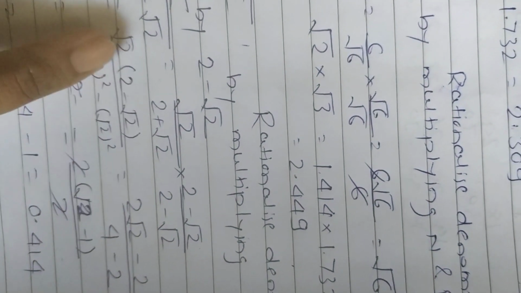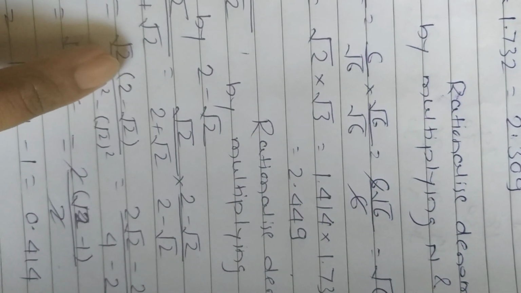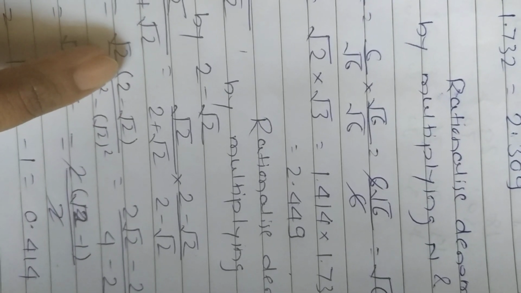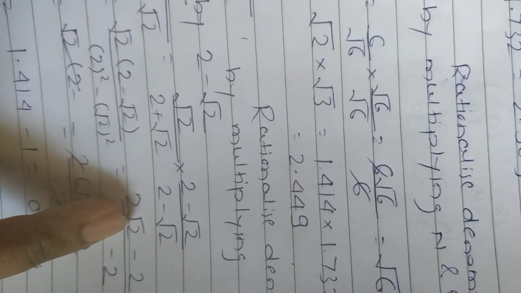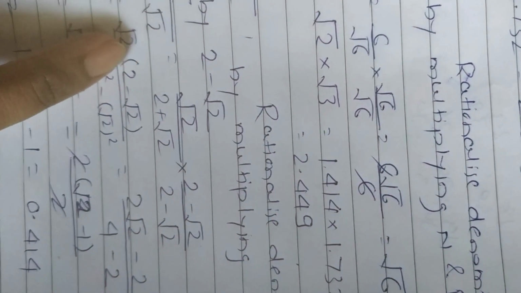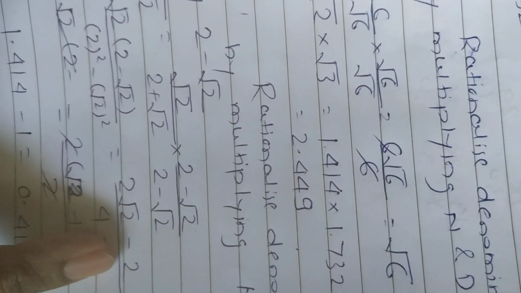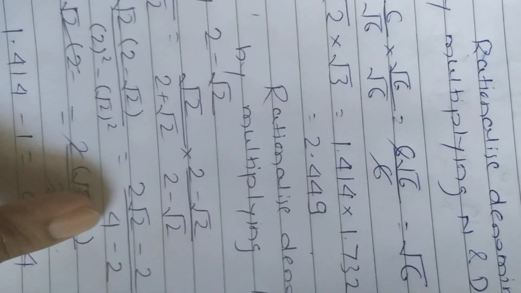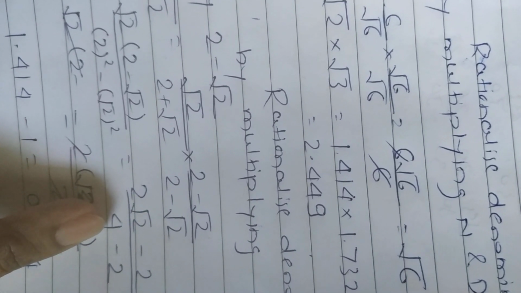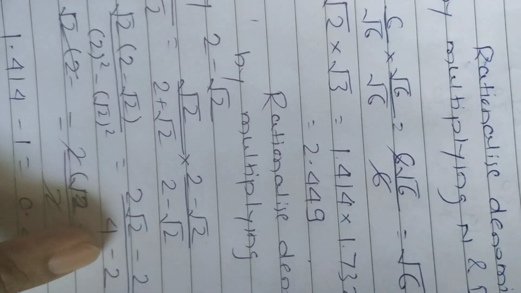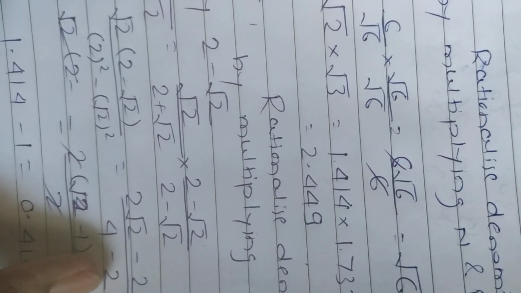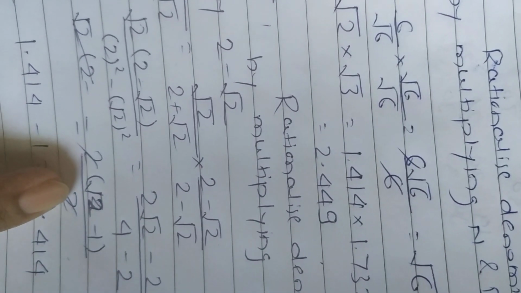In the numerator we multiply root 2 into the bracket, so we get root 2 into 2, it is 2 root 2, and root 2 into root 2 becomes 2, right? In the denominator we have 4 minus 2, that becomes 2.